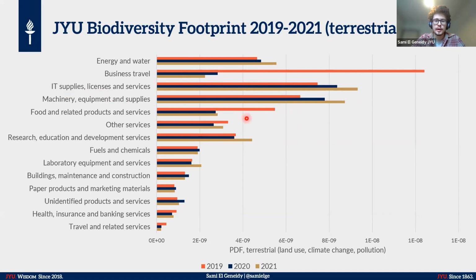We also see an interesting development in food and related products and services. In 2019 we had quite a high impact, but it decreased a lot during COVID, probably because we no longer had so many on-site events where you give food to participants.